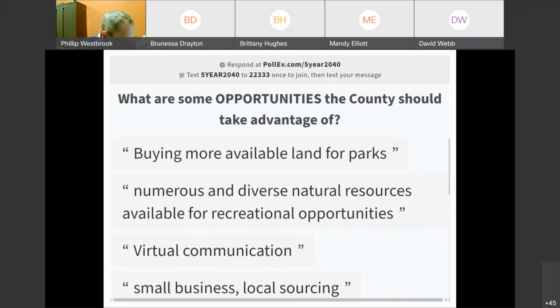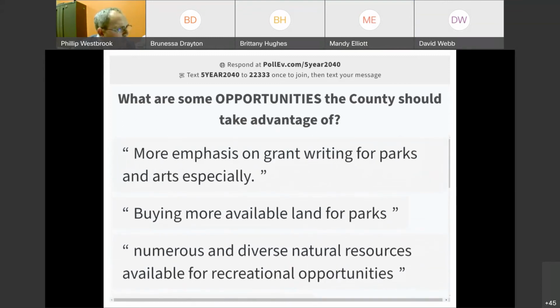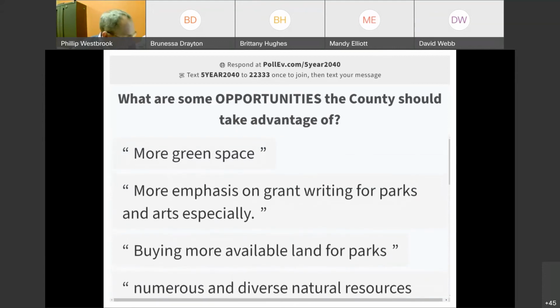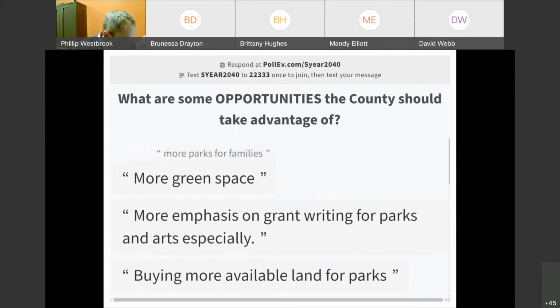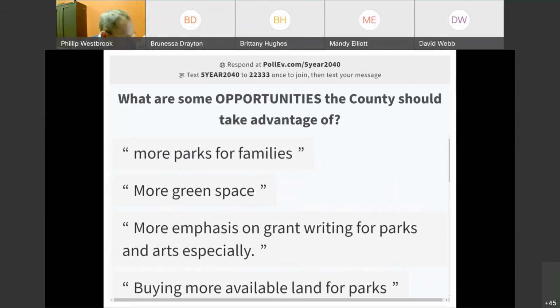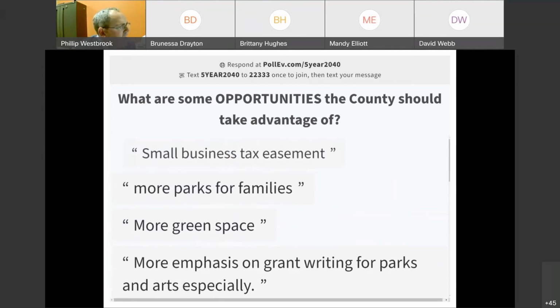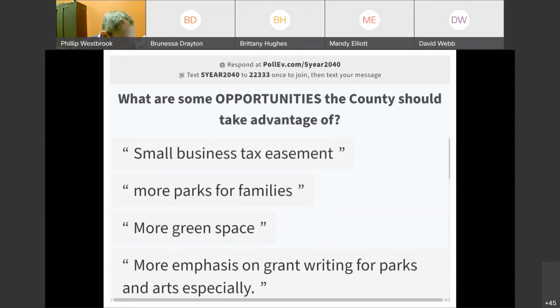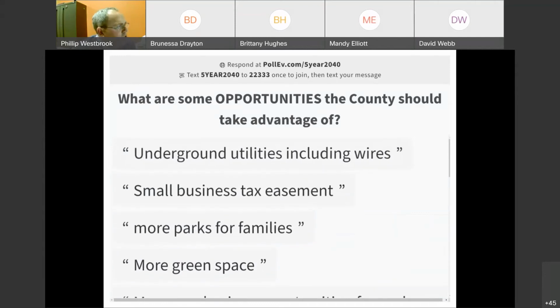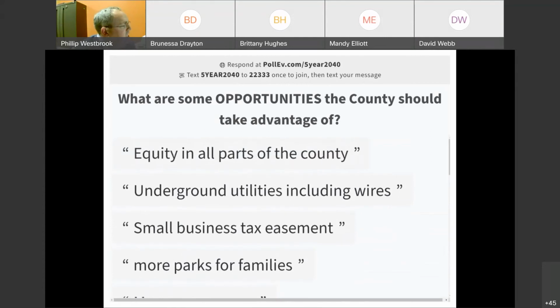Also, maybe you listed a description of the way you describe Cobb County in 2040, such as a one-word description or one-word vision. Any ideas on how that might be accomplished? So whatever your vision is for the future of Cobb, any ideas on how that might be accomplished?